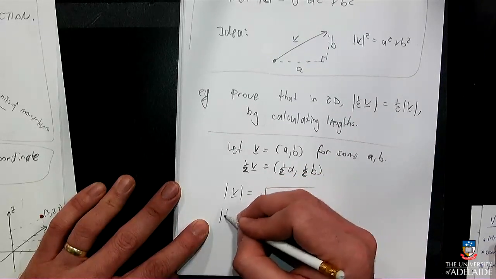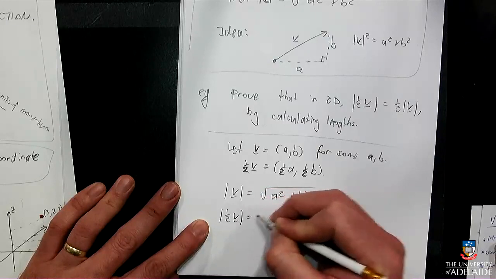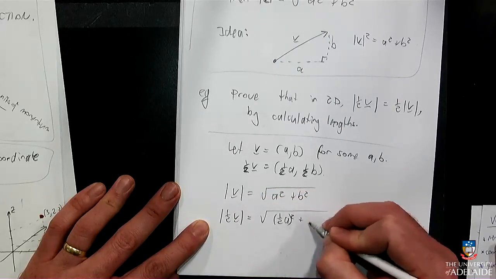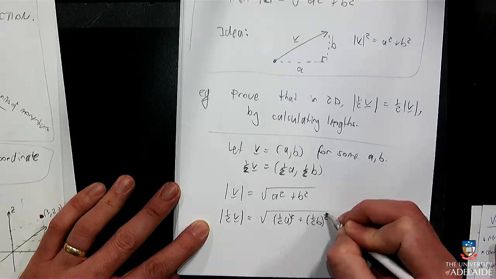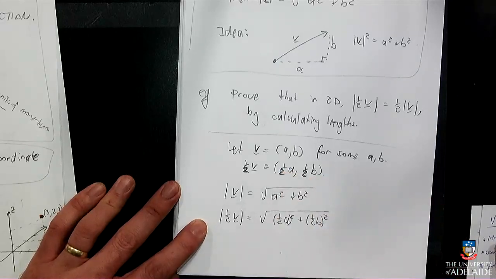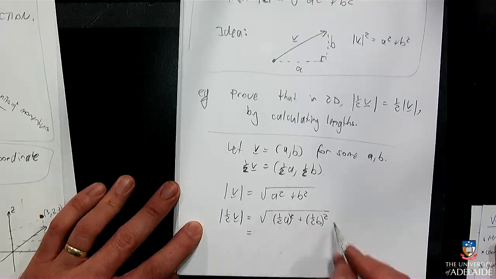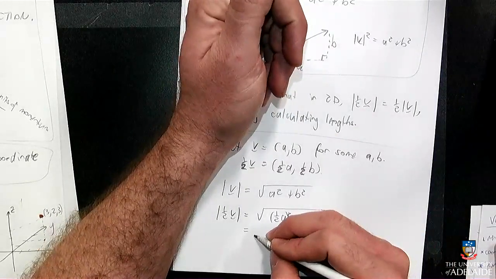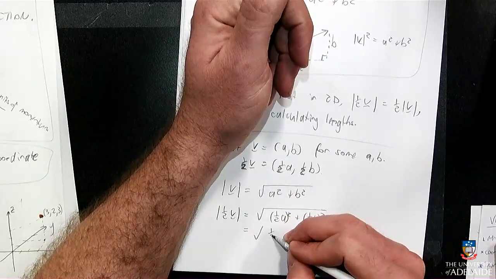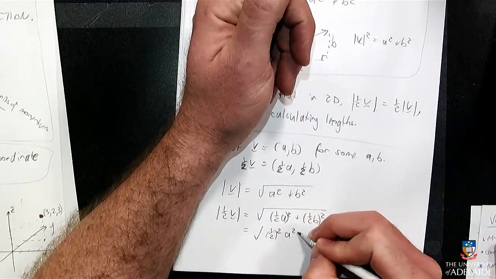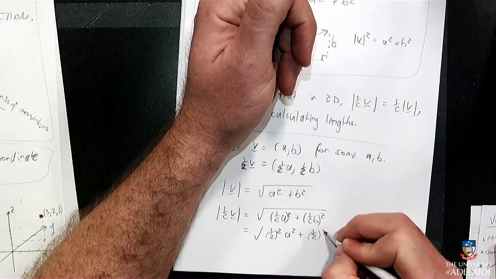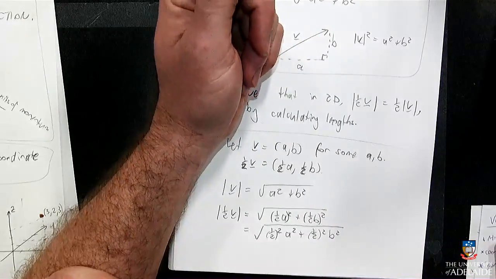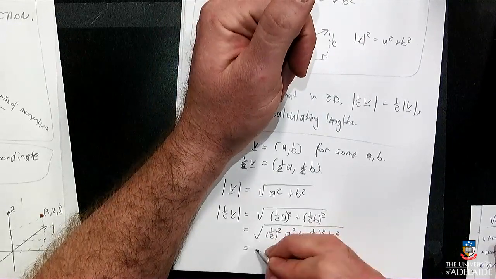And the length of half of v would be the square root of (half of a) squared plus (half of b) all squared, because we take the coordinates of half of v and we put them in there. And we're supposed to calculate on this until it comes out to be half of the length of v. Well, let's see. A half squared is a quarter. I'm actually just going to leave it as a half squared. Squaring can be brought across multiplication. There's a half squared in both of those.